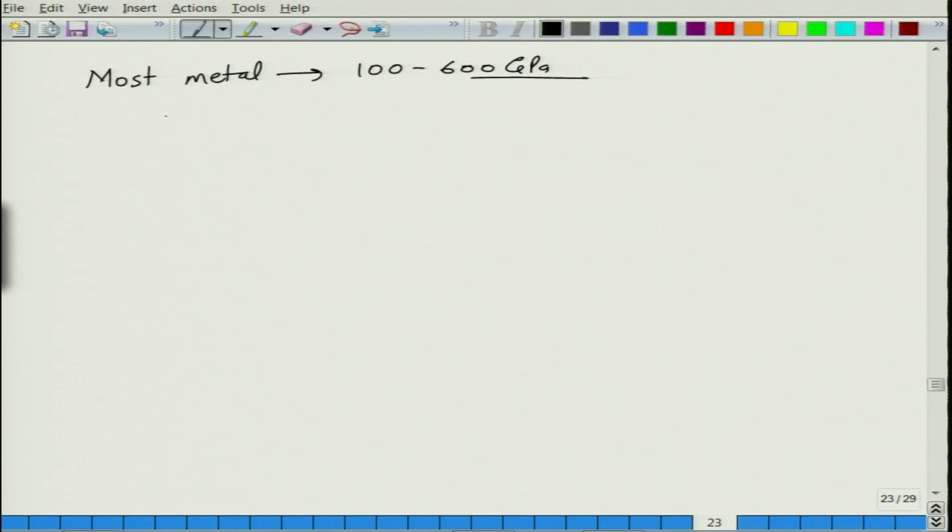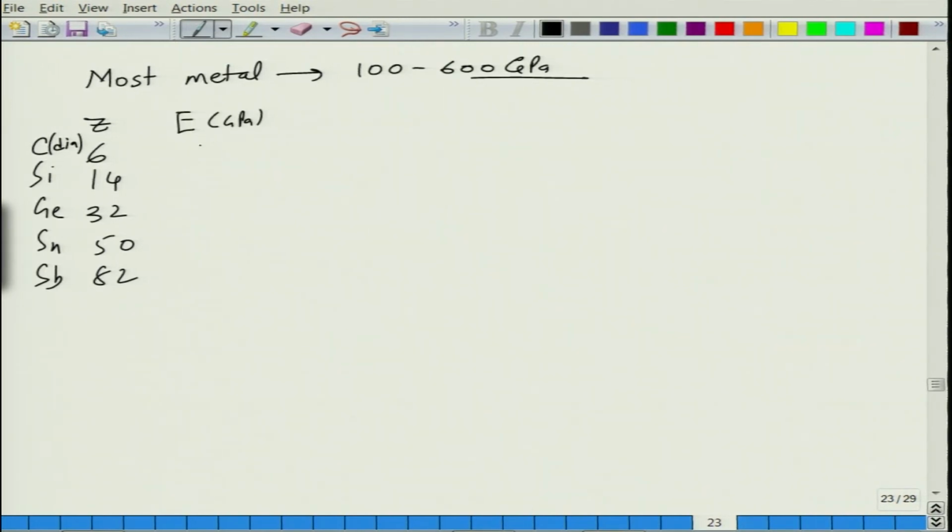Now, let us also compare what happens when we go down the column. If you plot Z equal to 6, 14, 32, 50, 82, you go from carbon to silicon to germanium to tin to antimony, and this is diamond basically. This is column 4.